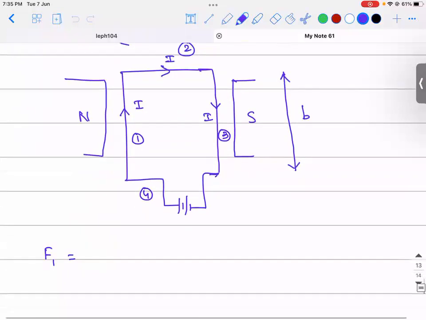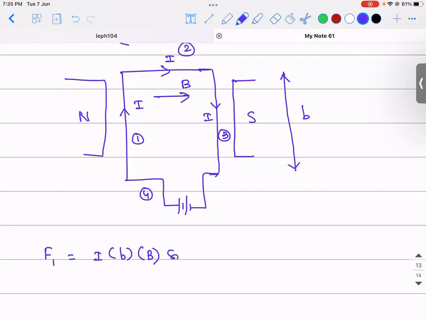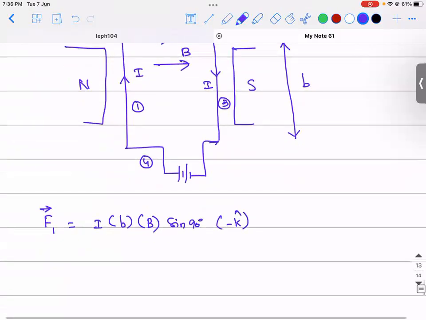Okay. So what is going to be the value of the force experienced by the first current carrying conductor? Force experienced by the first current carrying conductor will be I into small b into capital B. Capital B is in this direction into sine of 90 degrees. If I make this as a vector, then what is going to be the direction in which it will experience force? It will be into the plane, that is minus k cap. Right?